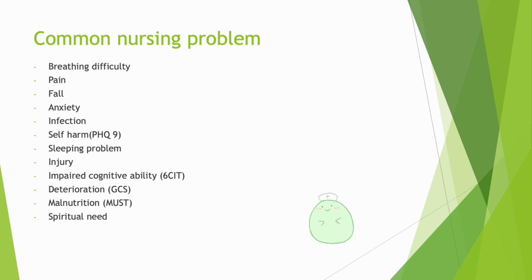And for decreased GCS, the patient may be at risk of deterioration, because decreased GCS can actually mean the patient has an intracranial hemorrhage or stroke. Then we have to closely monitor the patient and escalate once we know that there is a risk of deterioration.